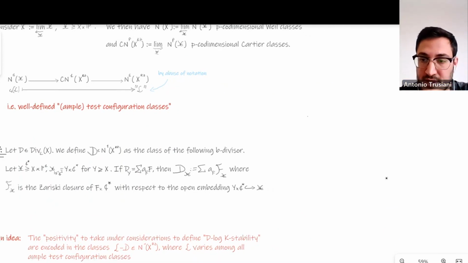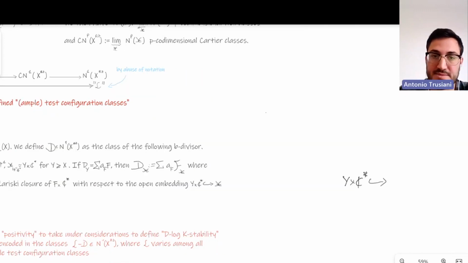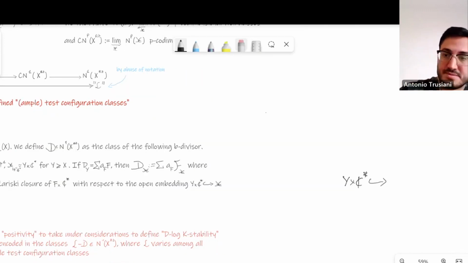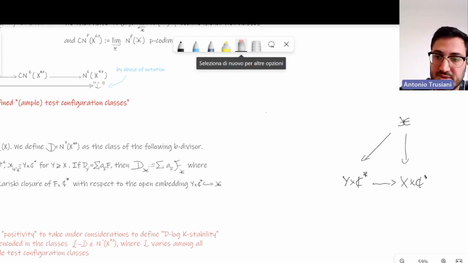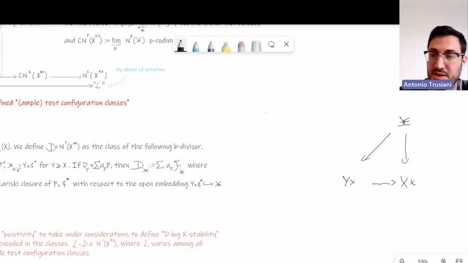The idea is actually, maybe let me say, choosing more things. So we have Y times C star that maps into calligraphic X over C star. Then we have this calligraphic X that actually, maybe it's better to start with P1.